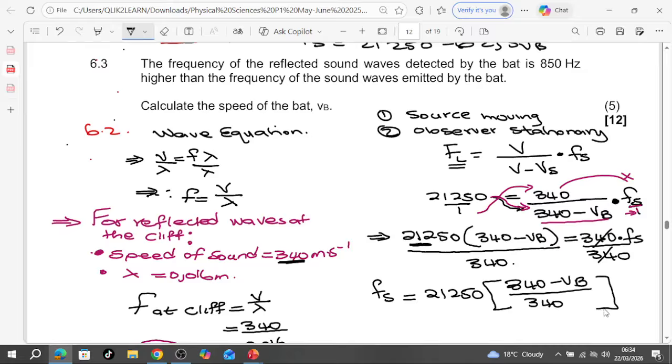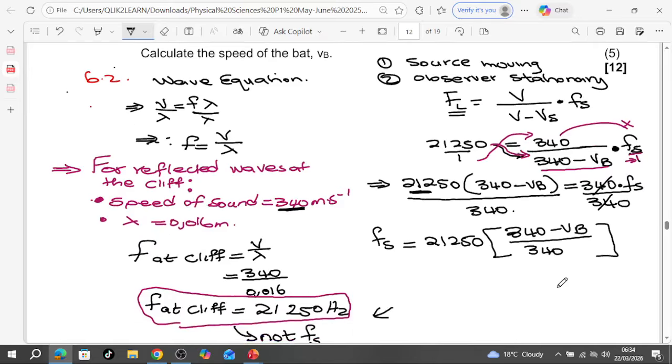So I just arranged my equation there. So now this will give me Fs equals 21,250. Inside the bracket, I can say the 340 divided by the 340 minus VB divided by the 340.